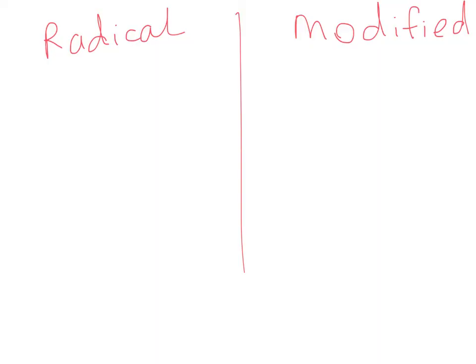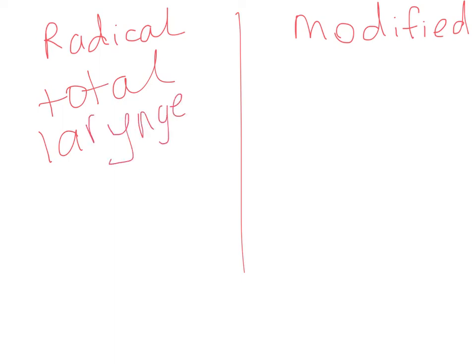So we're going to just talk a little bit about radical versus modified. The radical accompanies a total laryngectomy to decrease the spread into the lymph nodes. It also may include removing the sternocleidomastoid muscle, the internal jugular vein, the mandible, thyroid, parathyroid, and spinal accessory nerves.